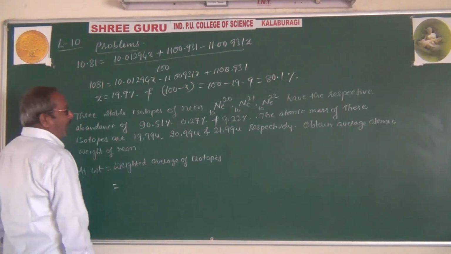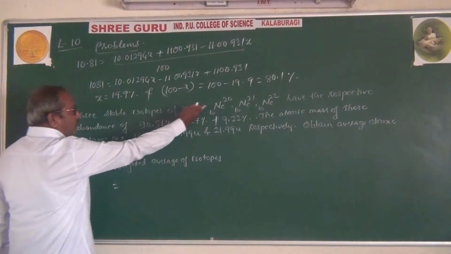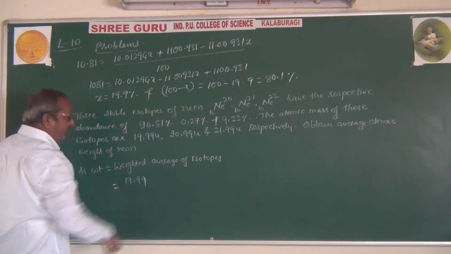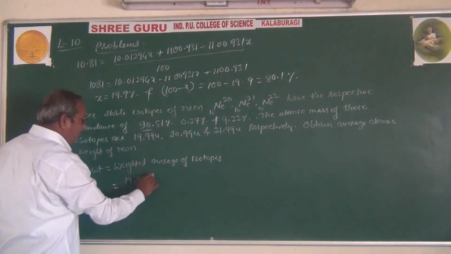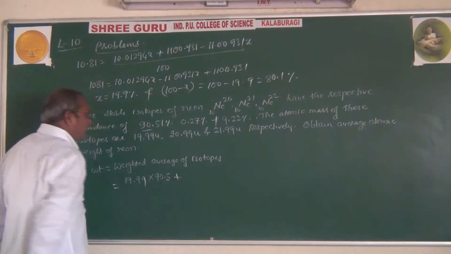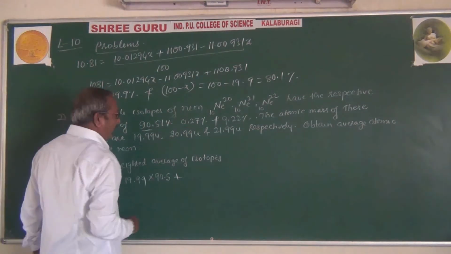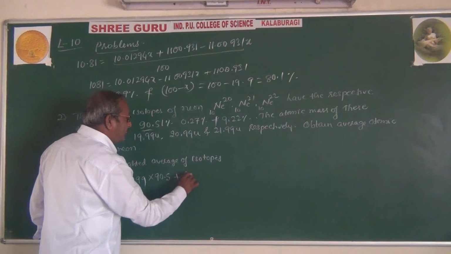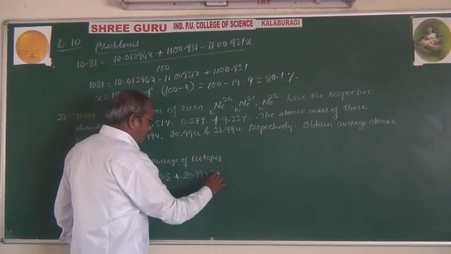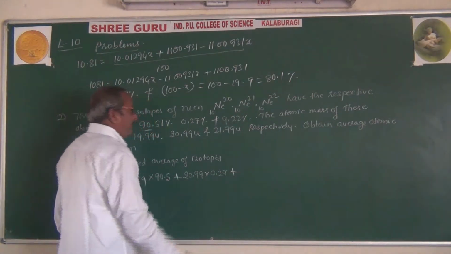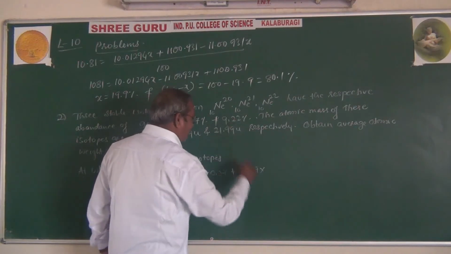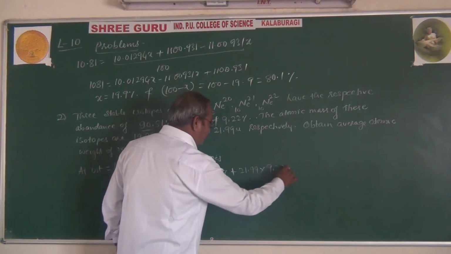The mass of one isotope of neon is 19.99 and its abundance is 90.5, plus the next isotope mass is 20.99 and its abundance is 0.27, plus the other mass is 21.99 and its abundance is 9.22.